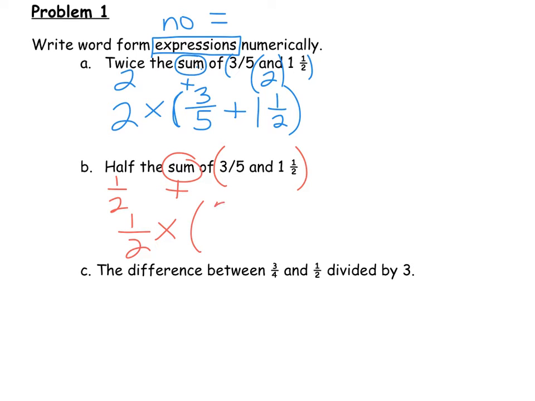So I have to add first, so that's why I'm putting it in parentheses. I don't have to solve or evaluate because it says expression, which means no equal sign. So 1/2 times parentheses 3/5 plus 1 1/2. So if I were solving, I'd have to do 3/5 plus 1 1/2 first and then multiply by a half.